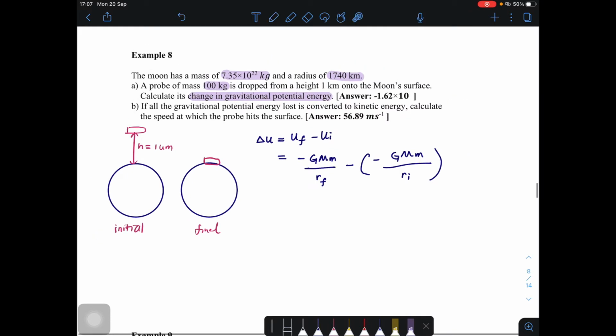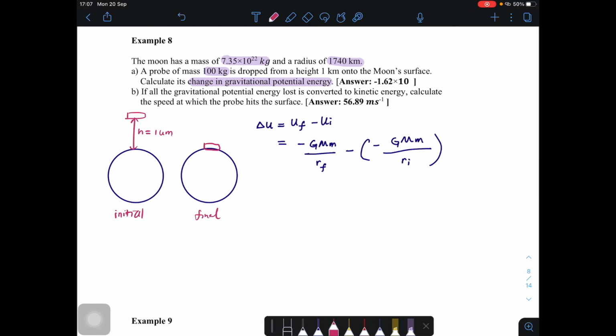Okay, so initial kita adalah kamu kena tambah dengan the radius of the moon. So the R initial here, the height of the object plus the radius of the moon. Di mana untuk final, since dia adalah berada sudah dekat permukaan kan, so radius dia akan sama dengan radius of the moon.